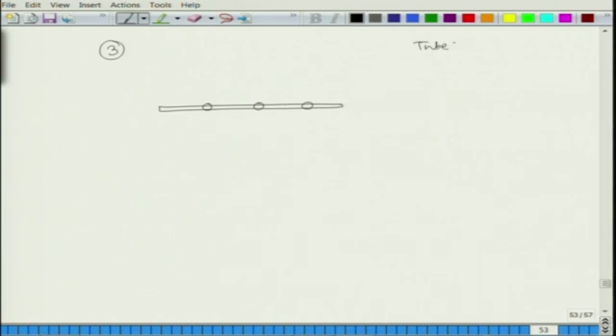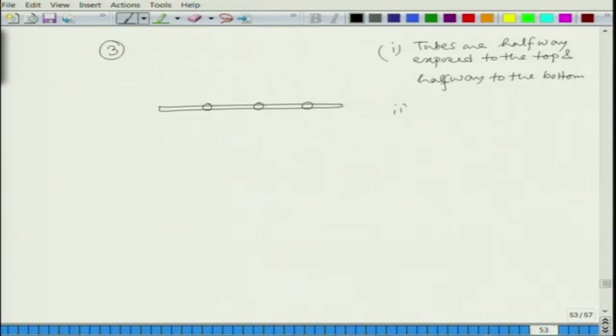So tubes here are halfway exposed to the top and halfway to the bottom, and we are also assuming that the plate thickness is negligible to the tube diameter.